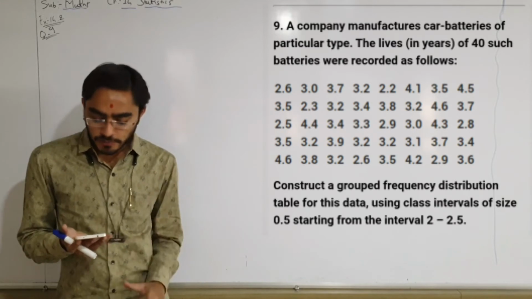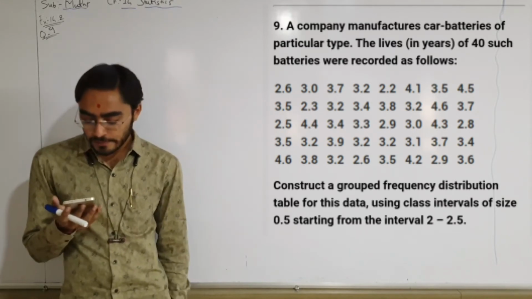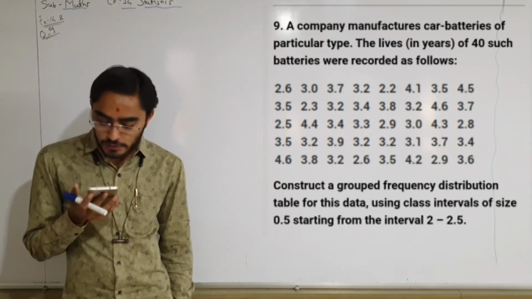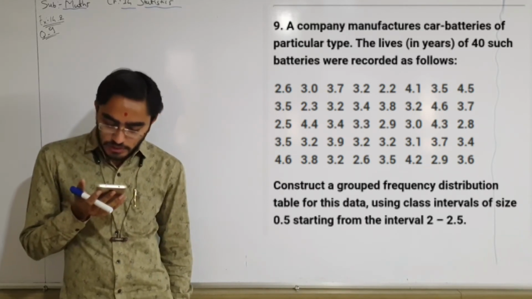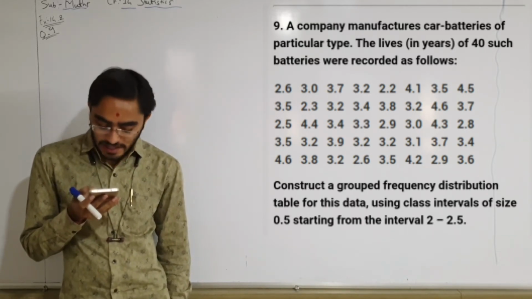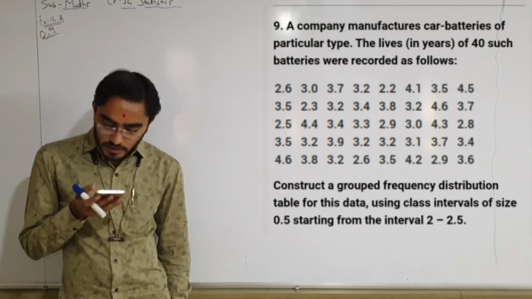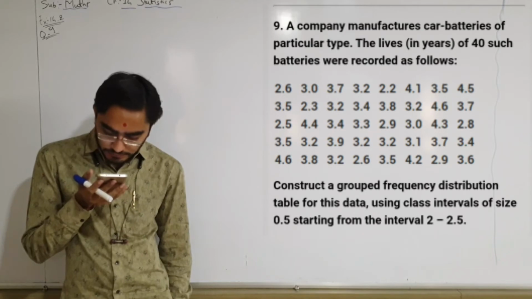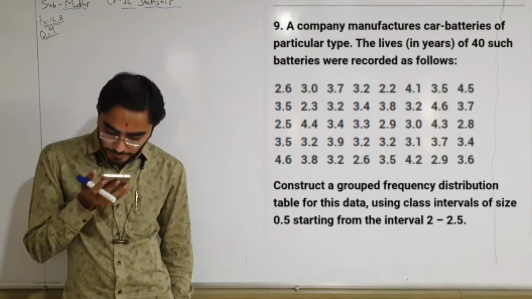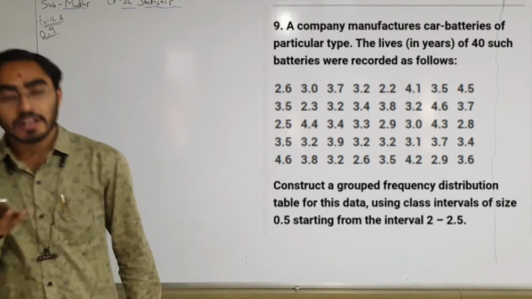Then let's just find the smallest value here. The smallest value is 2.2, right? And find out the largest value, that is 4.6, right?